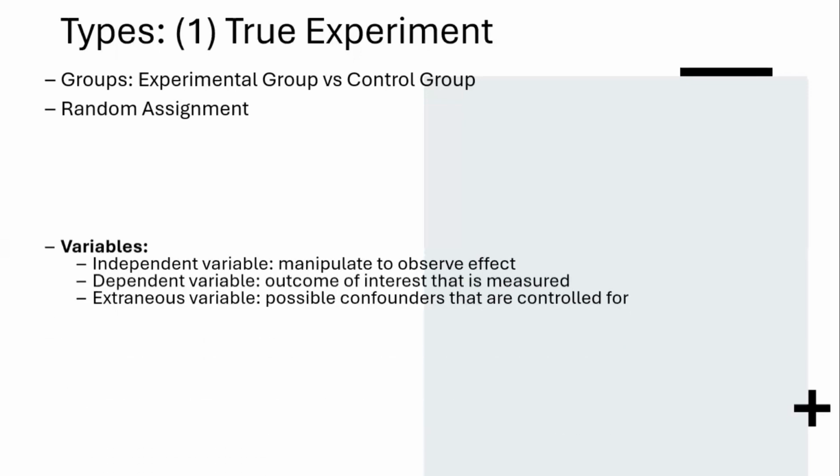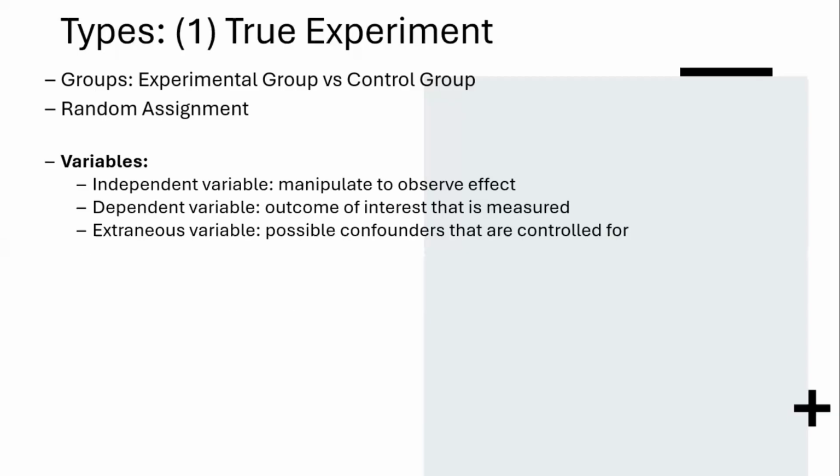So you put in the details of the person and the software will randomly assign the participants using some method. That way, we are able to make sure that before the experiment, your participants have the same characteristics. So that's random assignment. And so these are the three variables that operate within a true experiment.